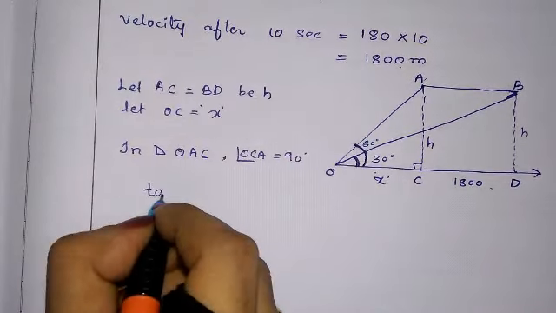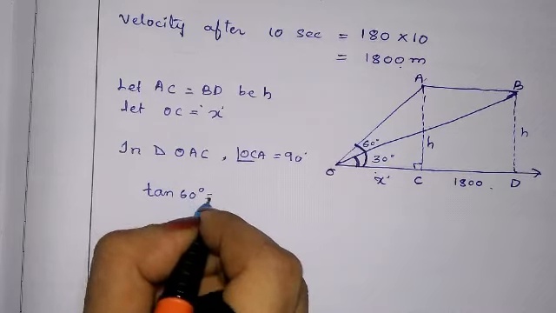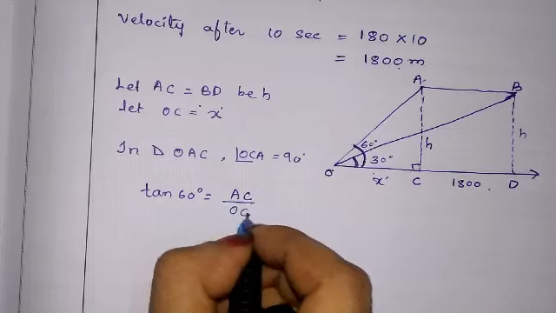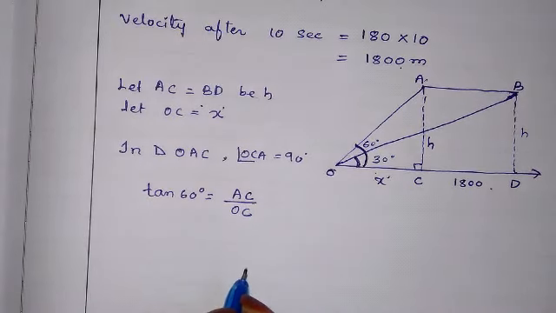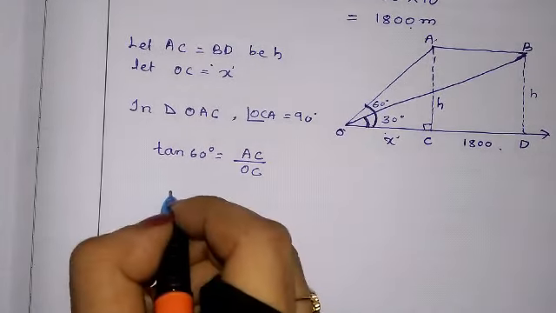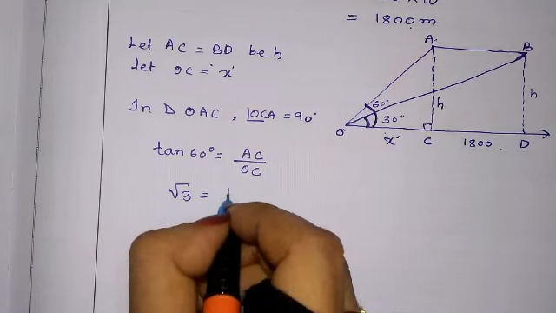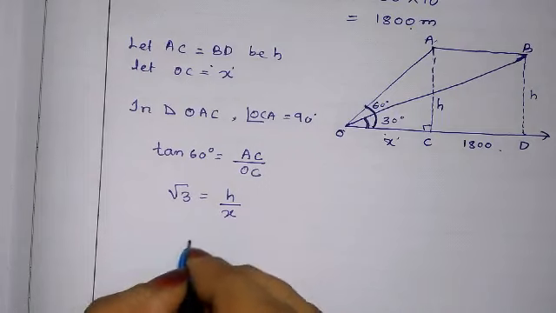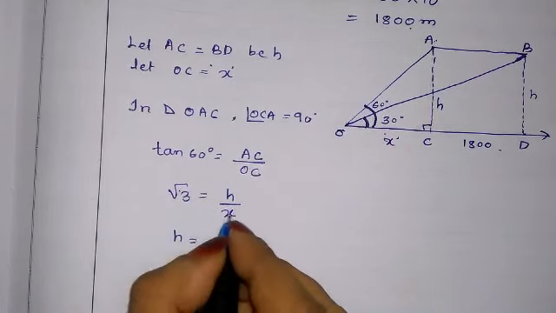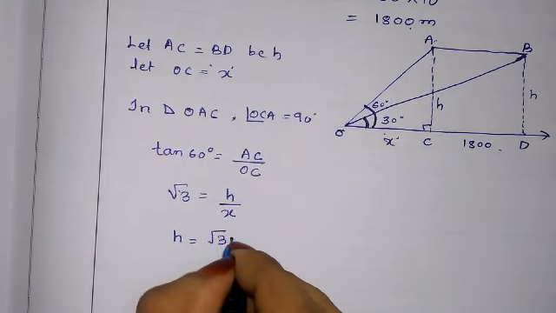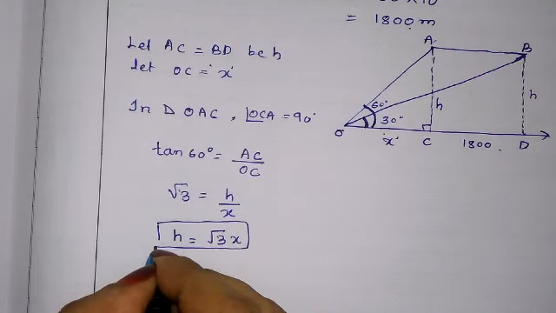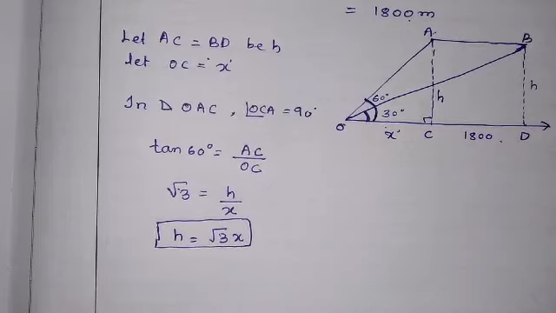So tan 60 degrees is equal to opposite AC upon OC. Tan 60 degrees is nothing but root 3. Root 3 is equal to H upon OC, which is X. So H is nothing but root 3 into X. We got the H value like this, root 3 into X. The height is what they have told us to find.